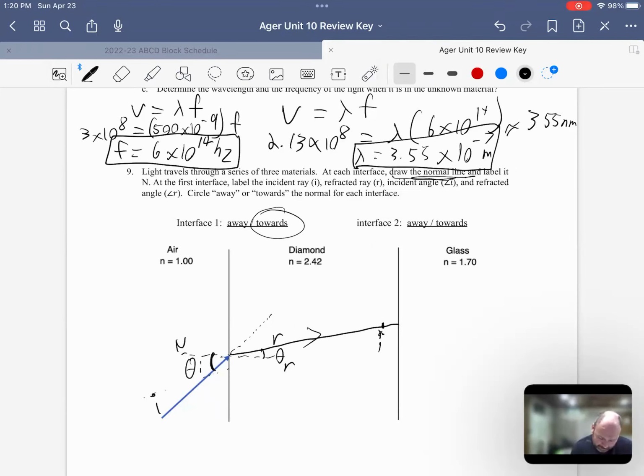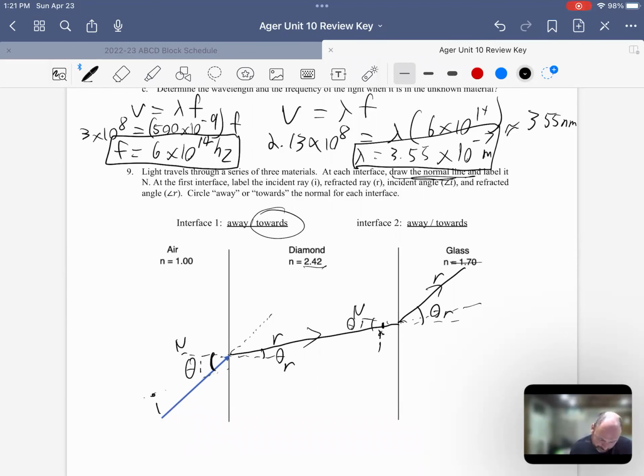And the second surface here, we'll label the normal again. I'll draw what it would do if it went straight, but in this case it's going from 2.42 down to 1.7. So we're going to bend away because we're getting to a smaller index of refraction. And there's my angle of refraction, and I have an angle of incidence.